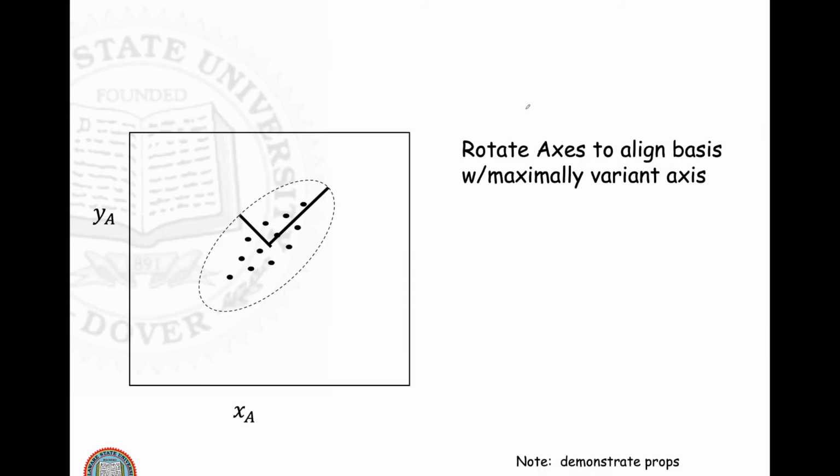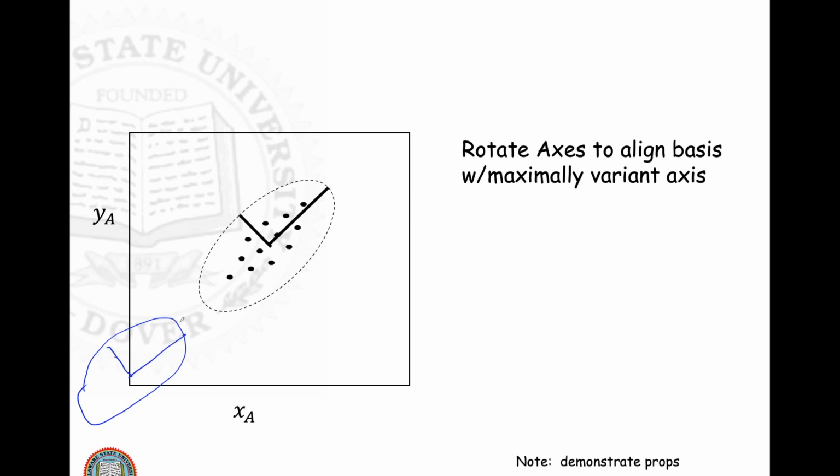So essentially what you do in PCA, you're going to take this cloud of measurements, you're going to shift the axes XA and YA so that this cloud is centered at the origin.